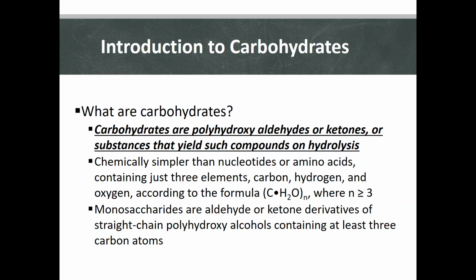And they follow a very straightforward formula where the overall formula is represented here. You have a carbon and a water, and this repeats some number of times where n has to be equal to or greater than 3. Monosaccharides are aldehyde or ketone derivatives of these straight chain polyhydroxy alcohols that contain at least 3 carbon atoms. So you're going to see what this really looks like in a moment.